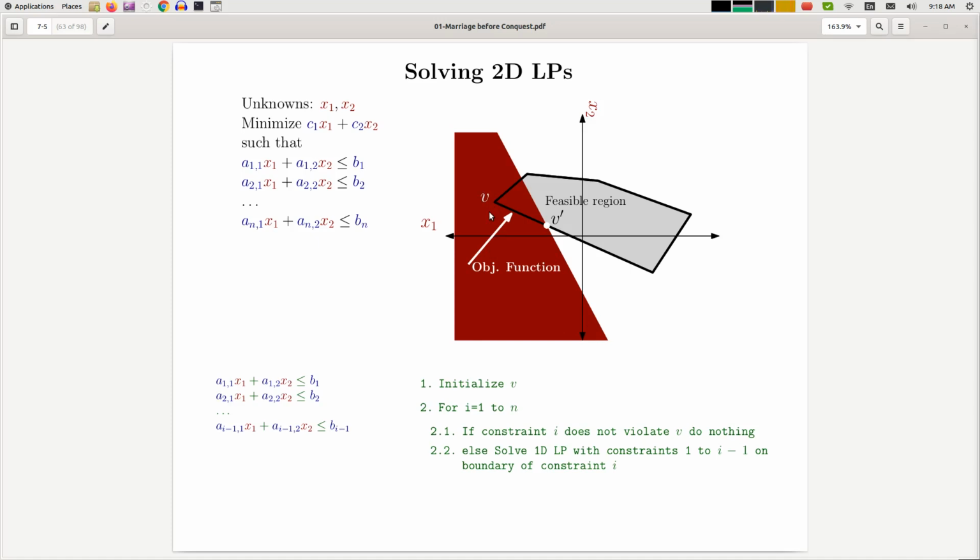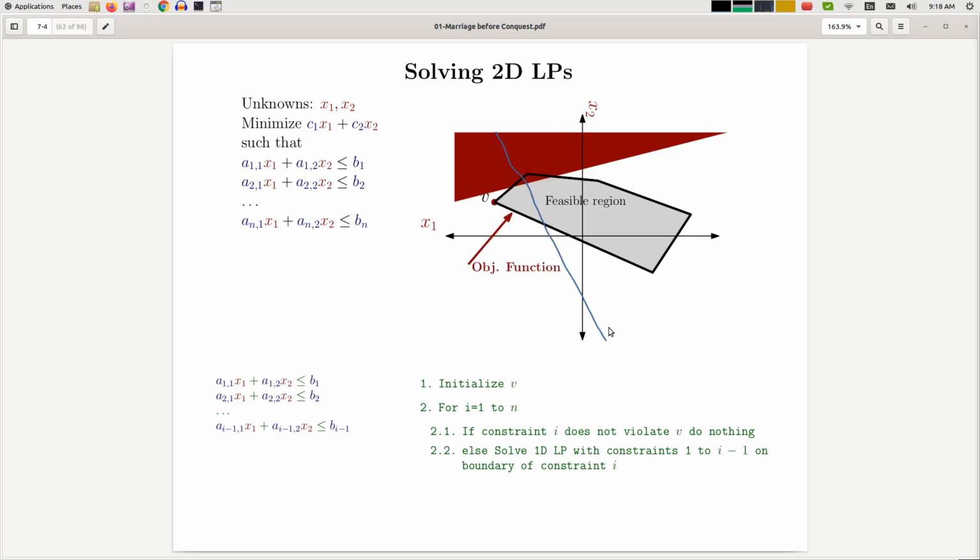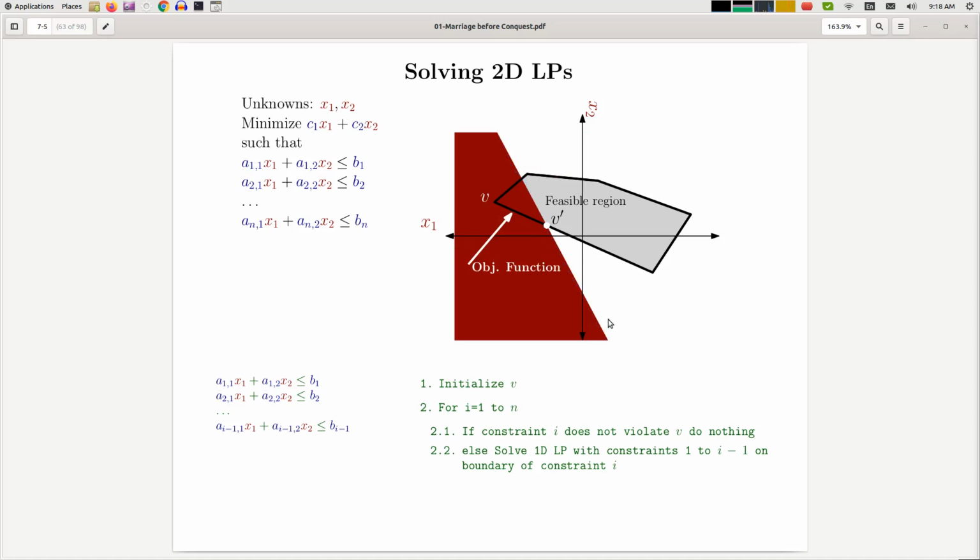The observation that we can make here is that if I look at the boundary of the constraint, like this line over here, then the new answer should be along this boundary. And again, I think I will have the time in the exercise class to prove this or to think about this, but let's just assume that this holds. In other words, the new answer is along this line. That is the main geometric observation that helps us solve this. So how do we use this?